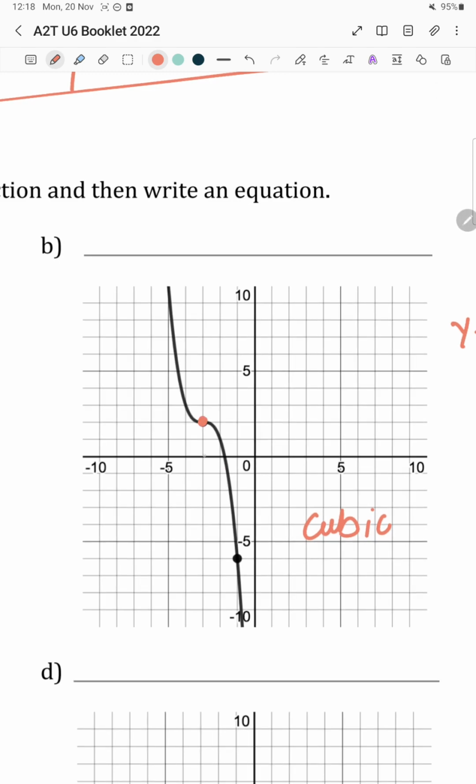This is the center, so this is -3 and 2.